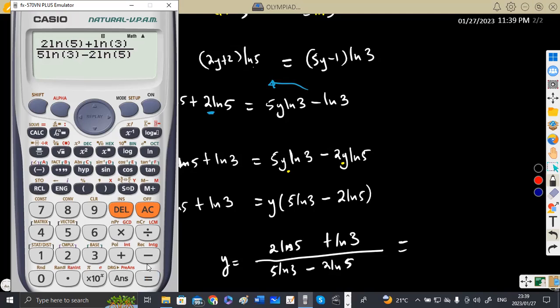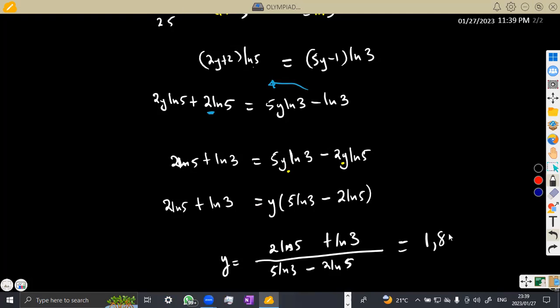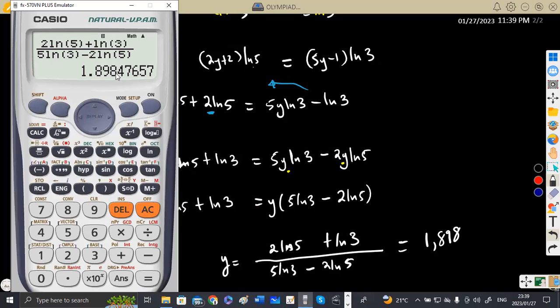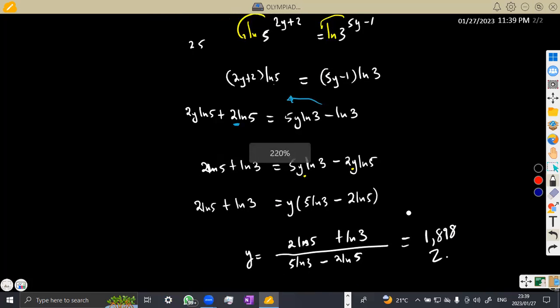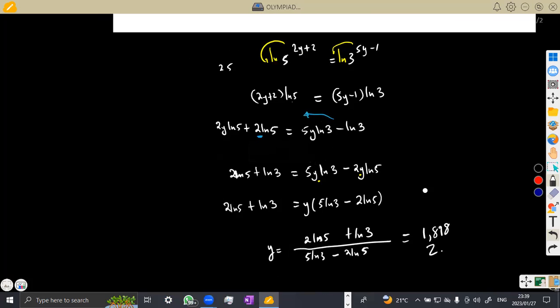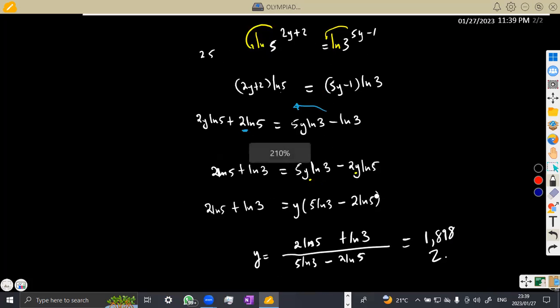Like this, you're going to obtain 1.898, to 3 decimal places. The 4 cannot change the 8, so that's why it remains like that. That's the value of y that you're going to obtain after solving this typical equation.